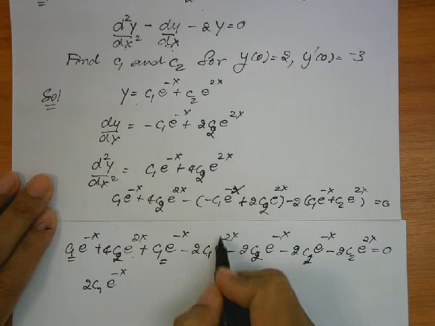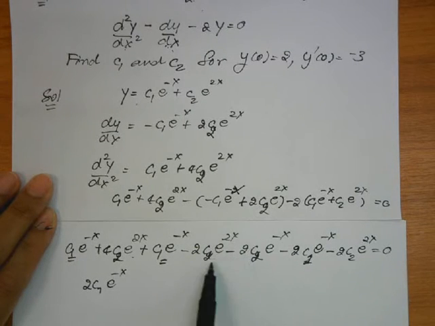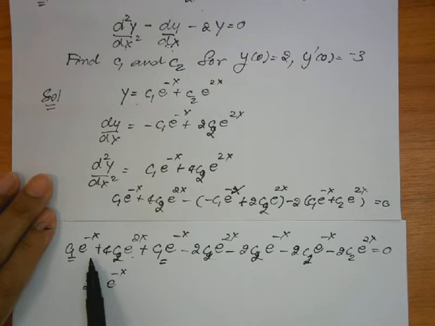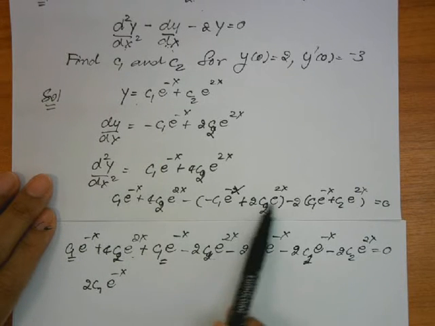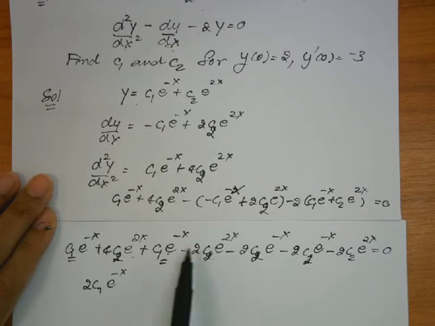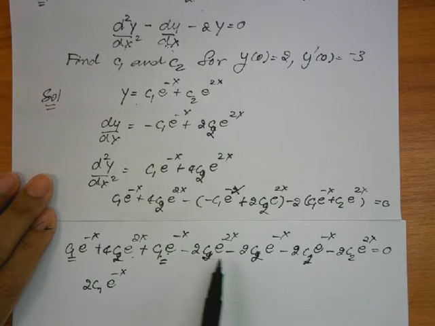This is c2, right? We got much. Let me count them. Oh, we don't have this one.